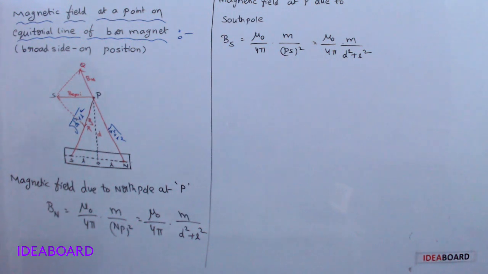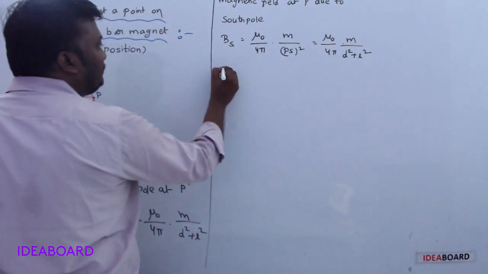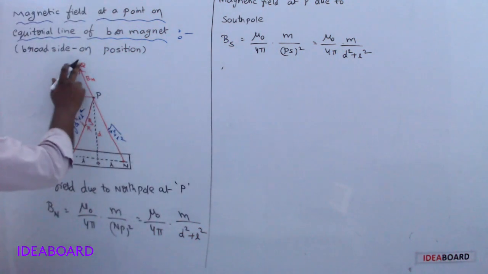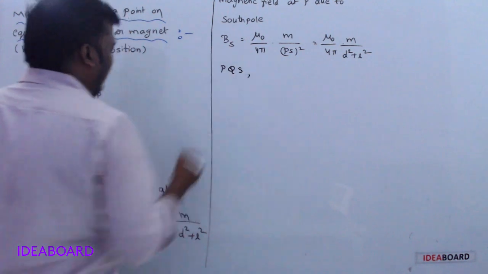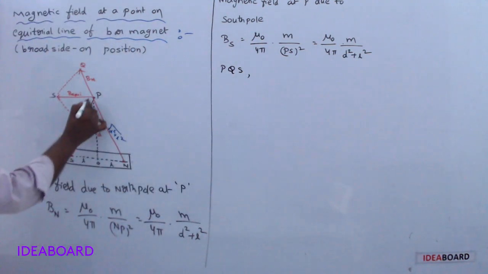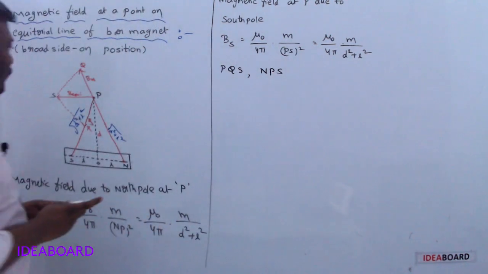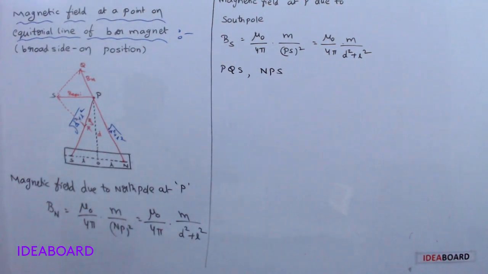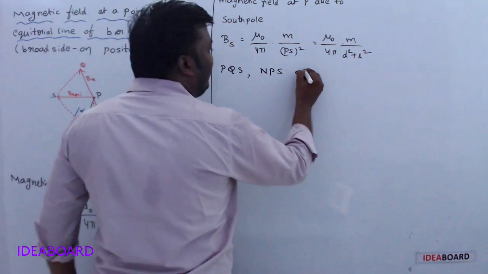Let us see in the diagram. PQS, NPS. One is PQS, another one is NPS. Are they similar triangles?